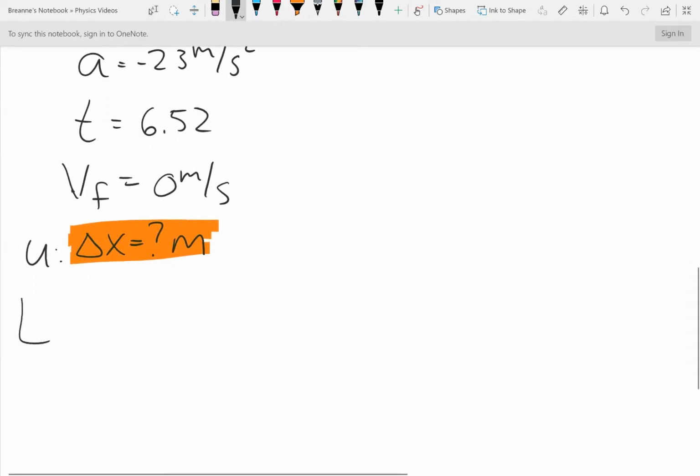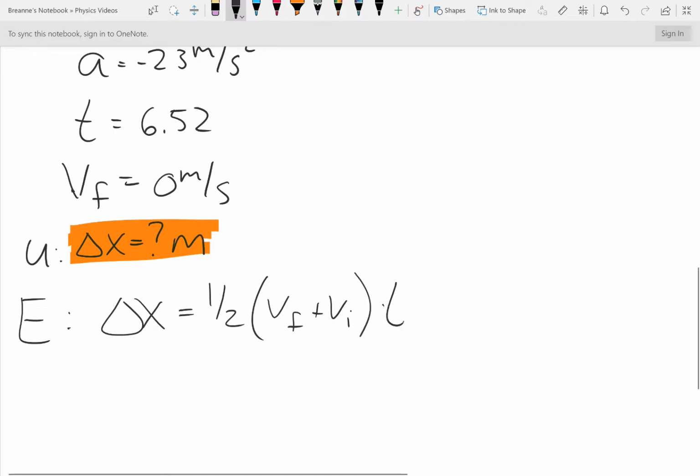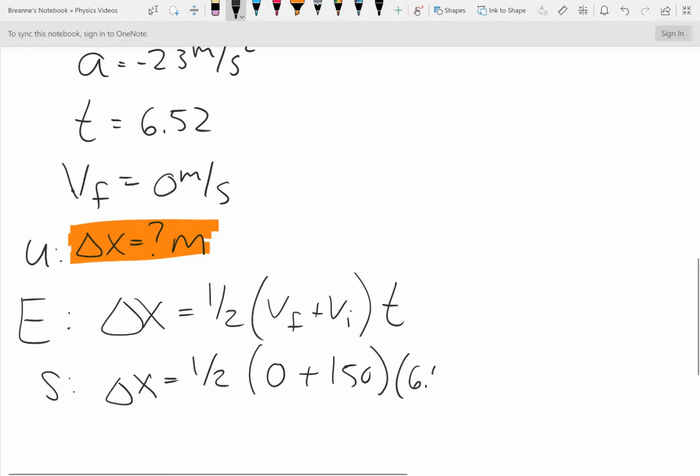So the equation is delta x equals 1/2 (V final plus V initial) t. We're looking for delta x. We're substituting. Our final is 0. Our initial is 150. Our time is 6.52.